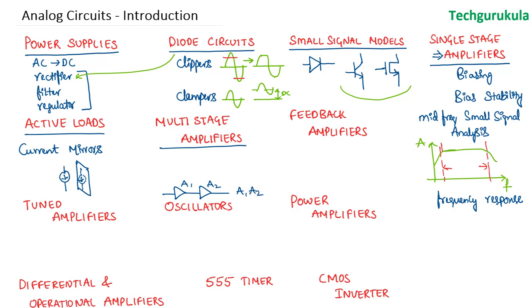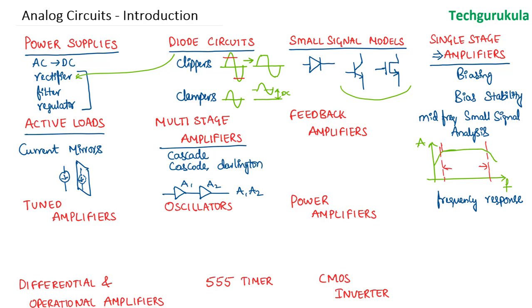Multi-stage amplifiers have various advantages, and in fact we're going to discuss cascade structures, which is shown here, and we'll discuss cascode, and in BJTs we'll see a special pair called Darlington pair.